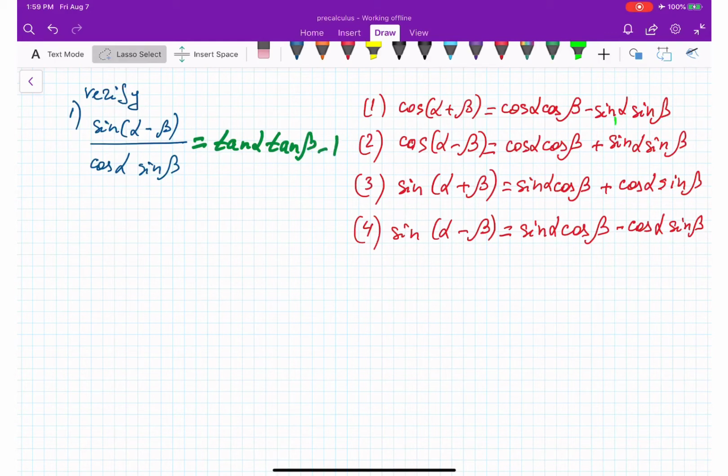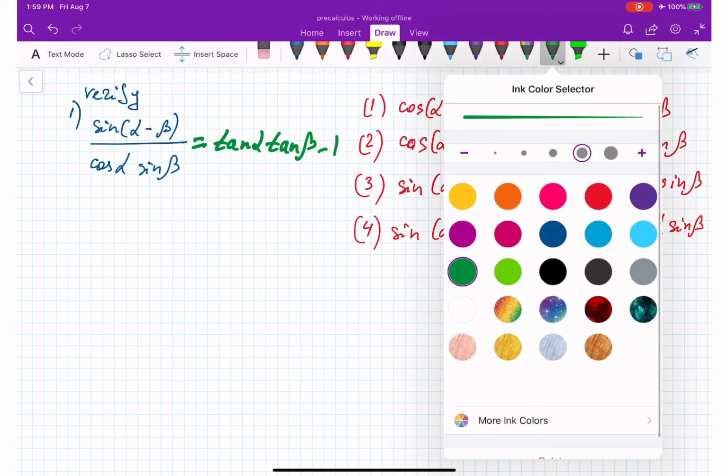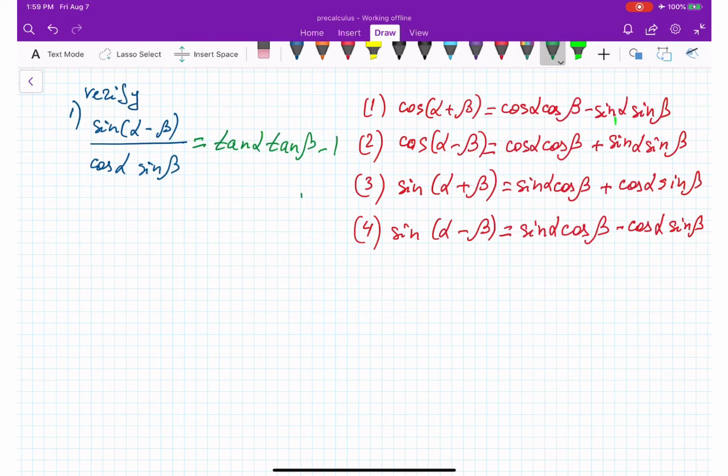Okay, this is too thick. All right, better. So let's try. For sine of alpha minus beta, we are going to use formula number 4.